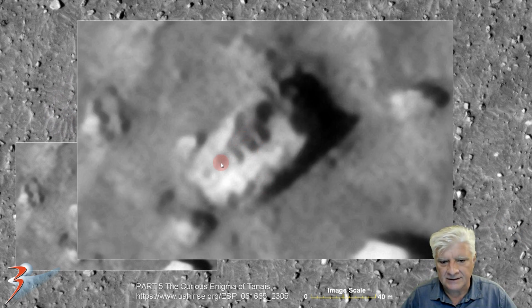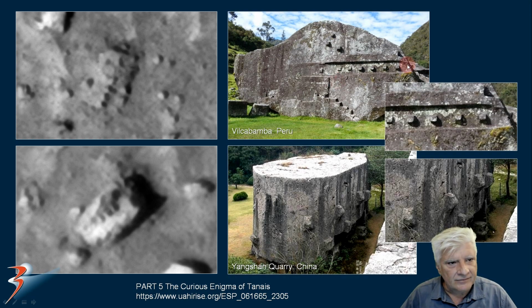Check that out, folks. Equal spacing between those in a straight row. And that we also find on the huge megalith in Peru. Check that out.